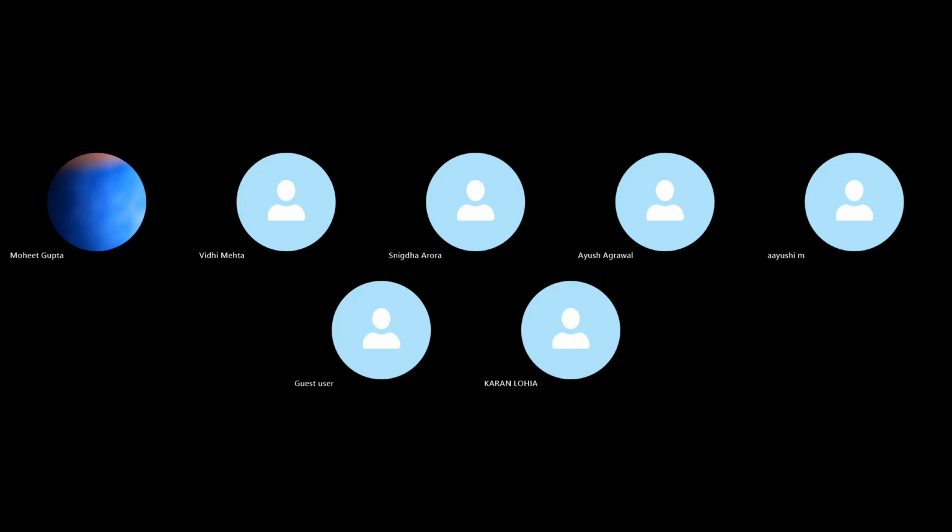Okay. Look at how many ICU beds we have.